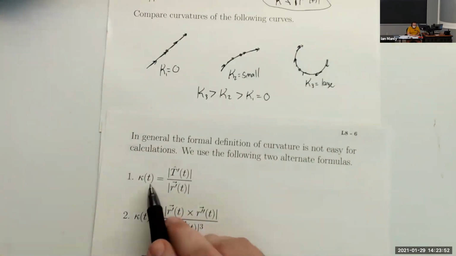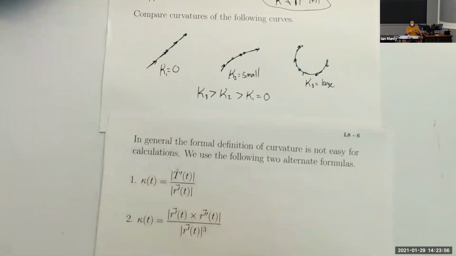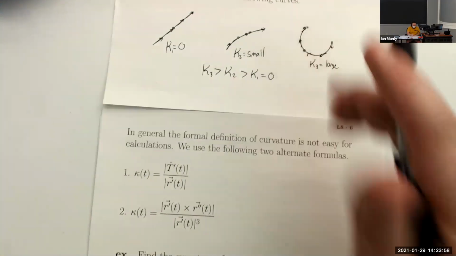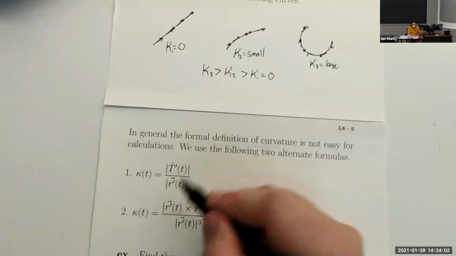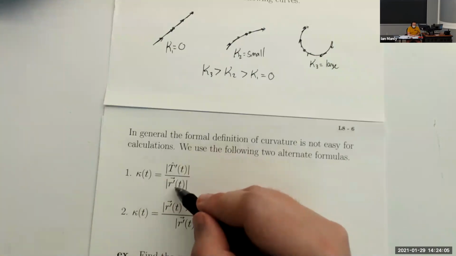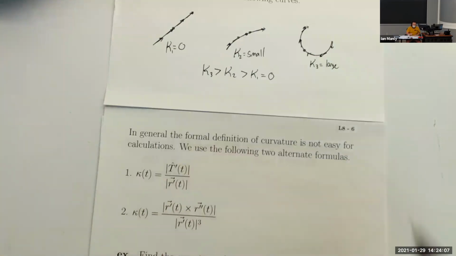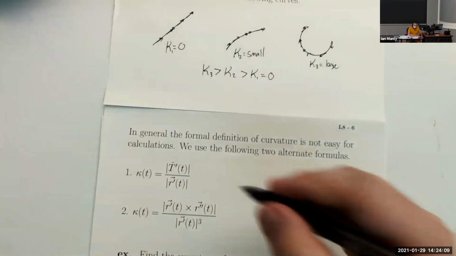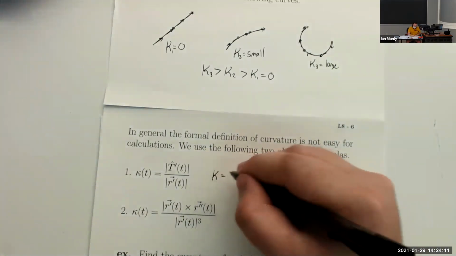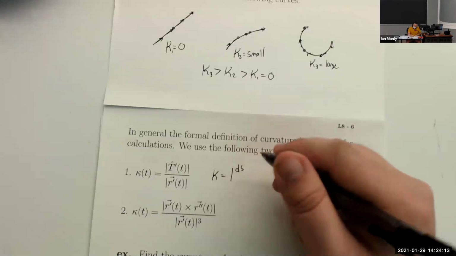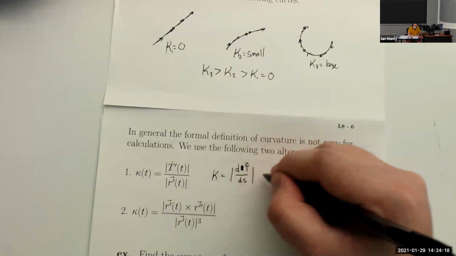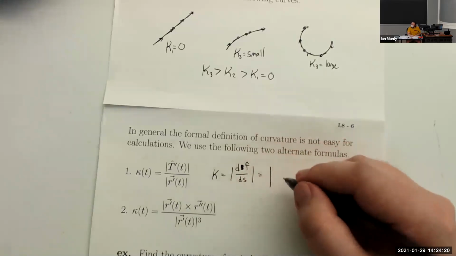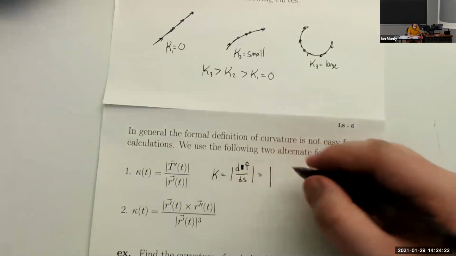So our first formula for kappa that actually depends on time and not necessarily distance, so it's usually what we're given, that's going to be the magnitude of the rate of change of T, our unit vector, divided by the magnitude of r prime right here. And why is this true? I can explain that relatively fast. If kappa is dT/ds, then what we could do is we could effectively divide the top and bottom by dt.